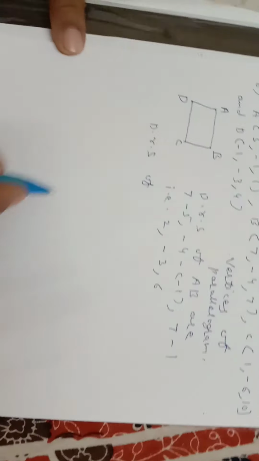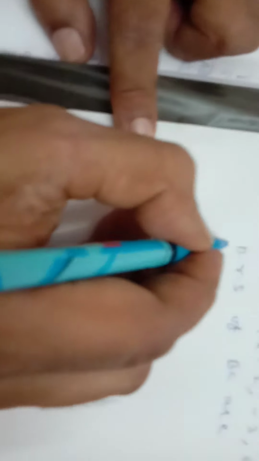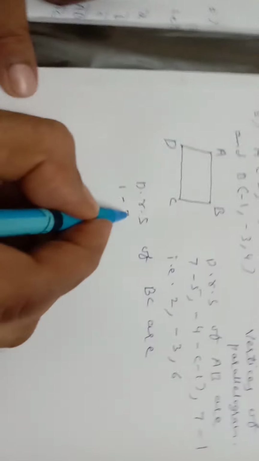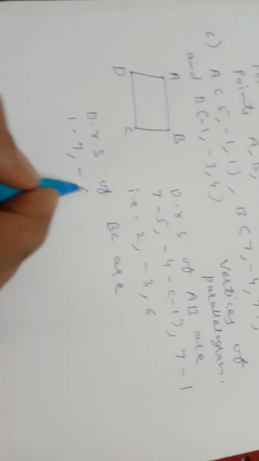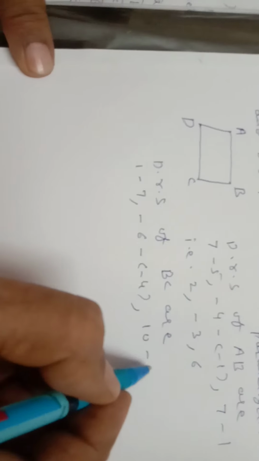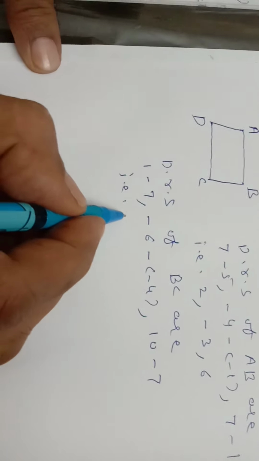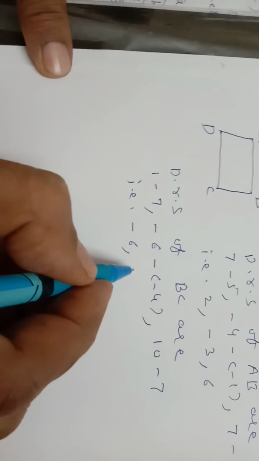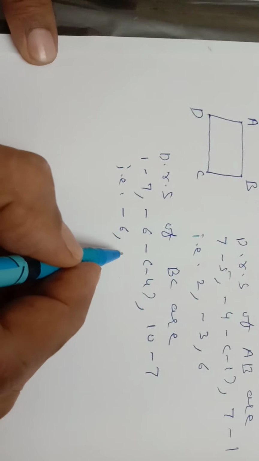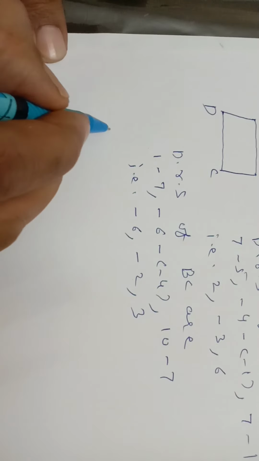Direction ratios of BC: 1 minus 7, minus 6 minus of minus 4, 10 minus 7. So we get minus 6, plus 4, minus 2, 10 minus 7, 3.